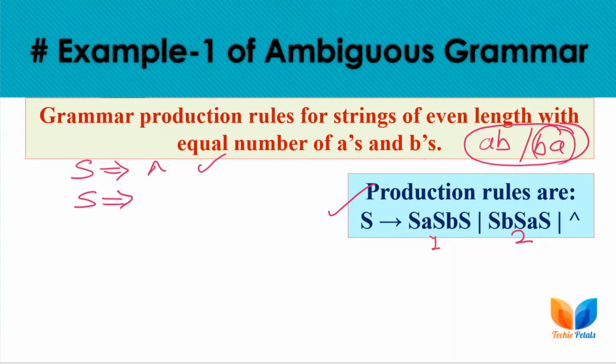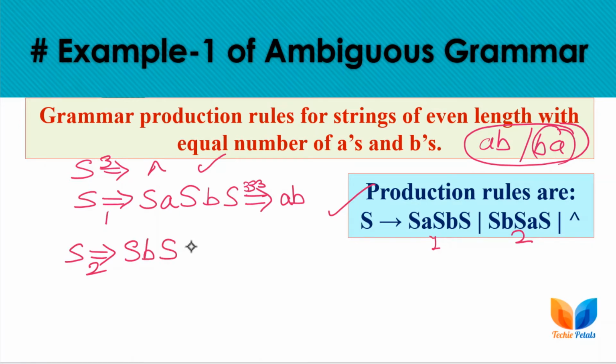Starting with the first production rule, we get A S B S, and by the application of rule number 3 we get the string AB. For the next minimum string, by the application of the second production rule we get B S A S, and by applying production rule number 3 we get the string BA.